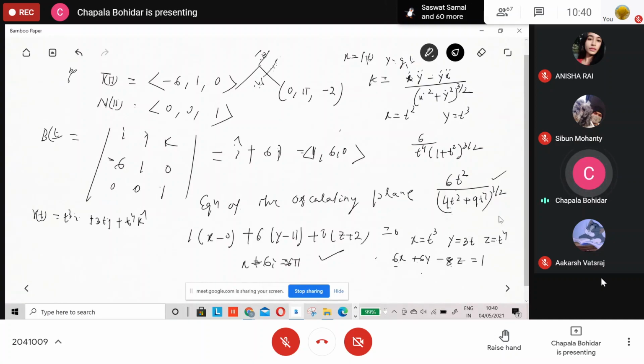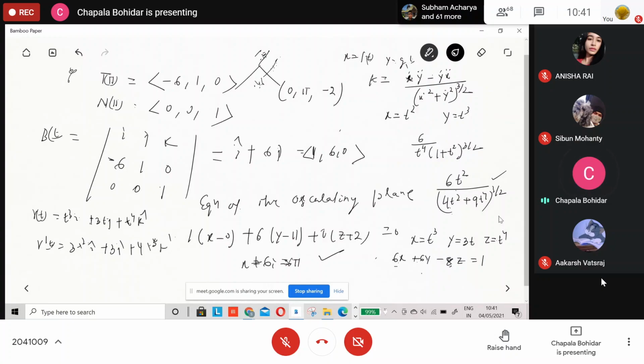So first you find out R dash T. That is your 3T square I cap plus 3J cap plus 4T cube K cap. Okay. And for the normal plane, the component is 6, 6, minus 8. And the normal is the unit tangent.